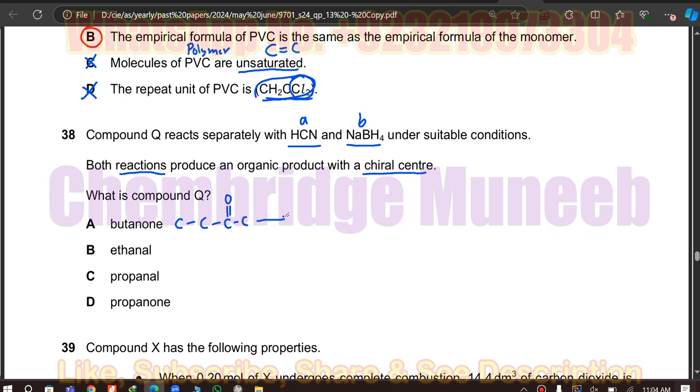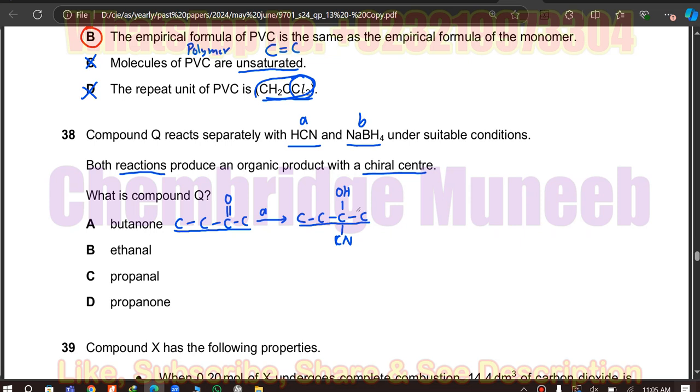When it reacts with HCN, A, this carbonyl group will be converted into an alcohol group, and the CN group will be bonded to the same carbon, and then it will continue with the butane. So the four carbon atoms are intact like this, but OH is present here and CN is present here.